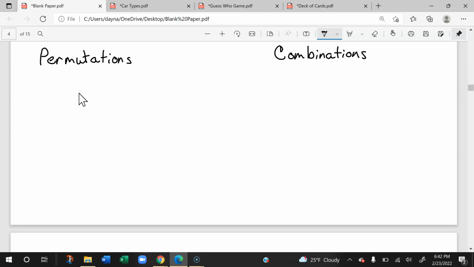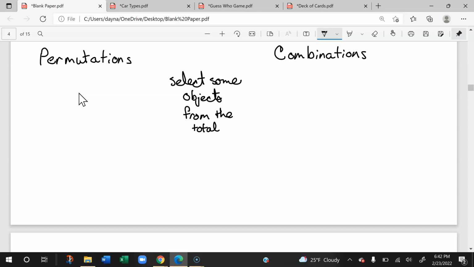With both of these, what we're going to do is select some objects from the total. And we want to know how many different ways we can select a certain number of objects.